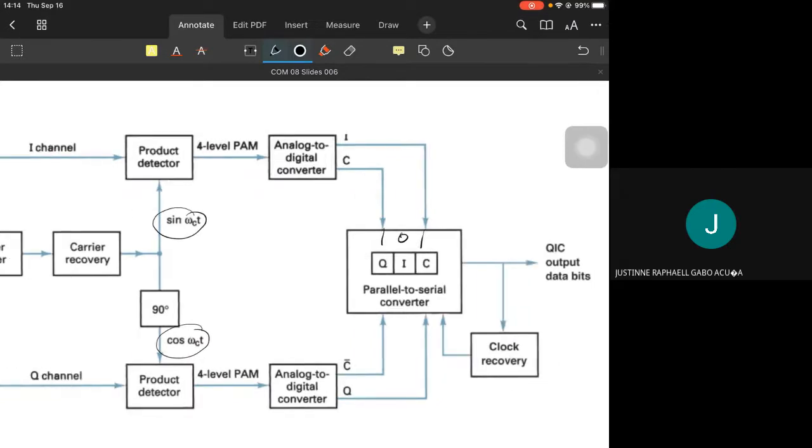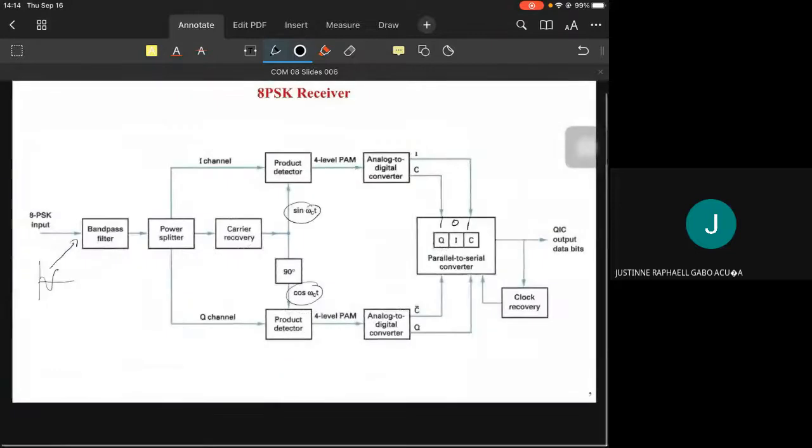Okay. So that's for the APSK. And from here, the process is almost the same for higher level M-ary PSKs, 16 PSK, 32 PSK.